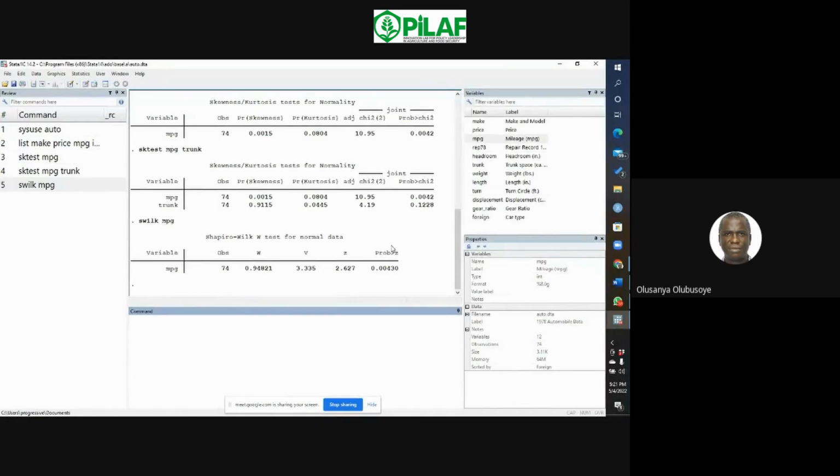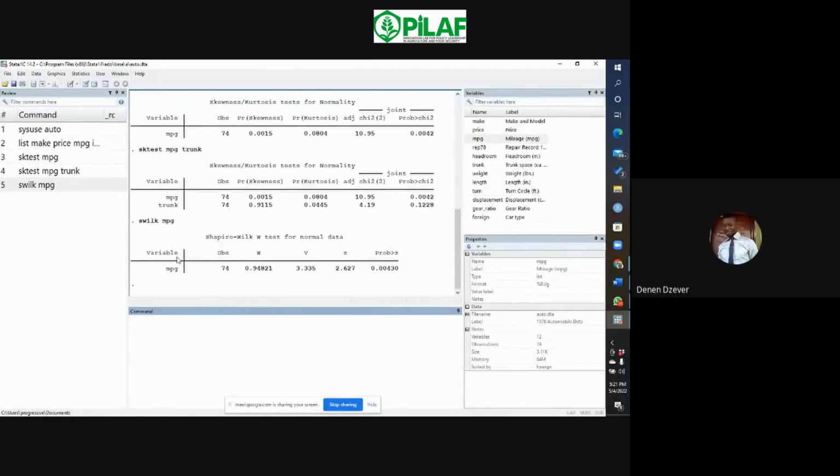The alpha value that you choose may be 0.05, and if you compare this p-value with that alpha value, you will see that the p-value is much, much smaller compared to the alpha value. And therefore, you will reject the null hypothesis.